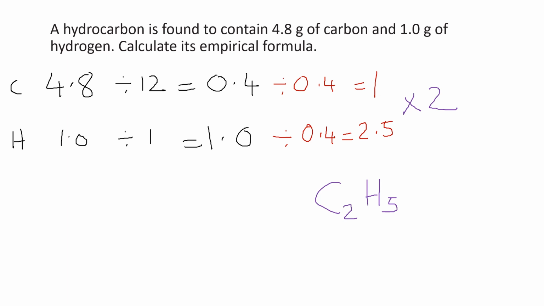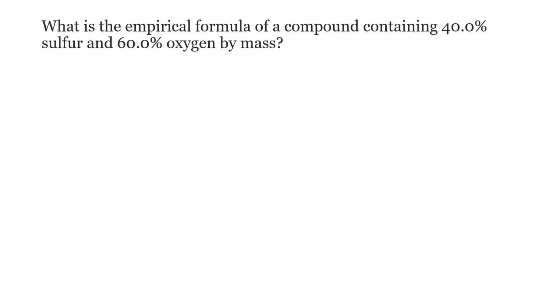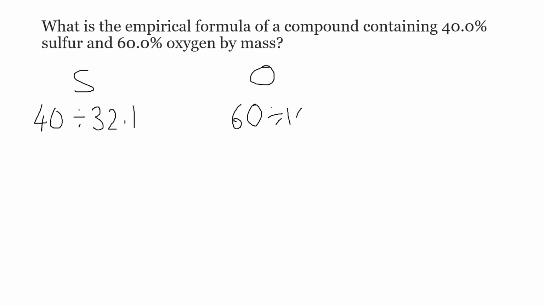Let's look at another example. You may want to pause and have a go at it first. What is the empirical formula for a compound containing 40% sulfur, 60% oxygen by mass? So you start with the sulfur and you do 40 divided by 32.1, which is just the atomic mass of the sulfur. And for the oxygen, you would do 60 divided by 16.